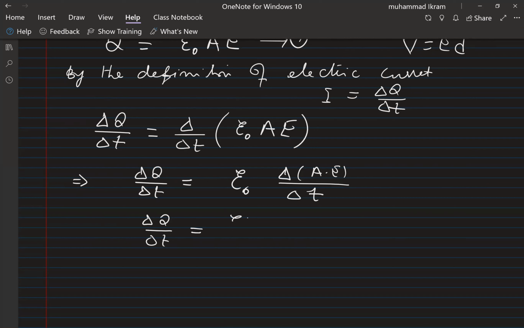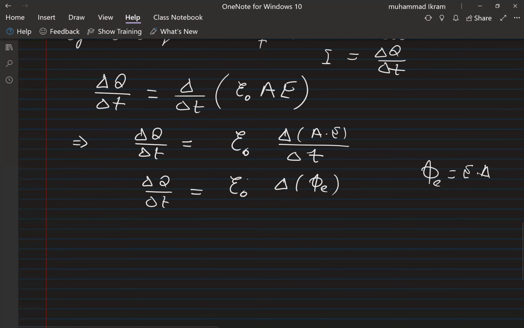This is equal to epsilon naught into delta phi E by delta t. Now you know that this is the electric flux, E dot A, and this is delta t.